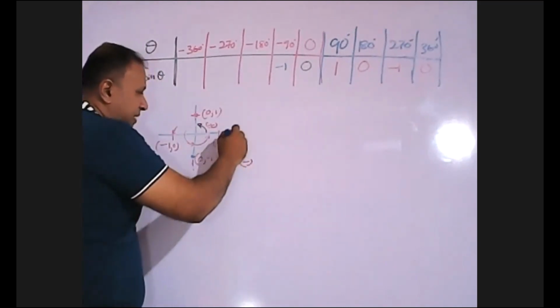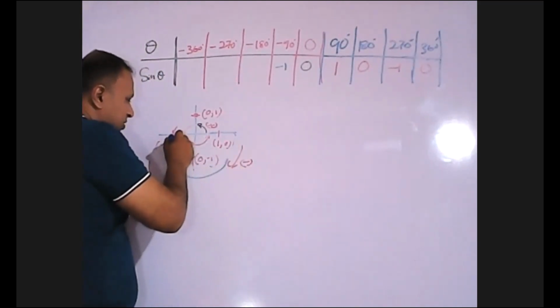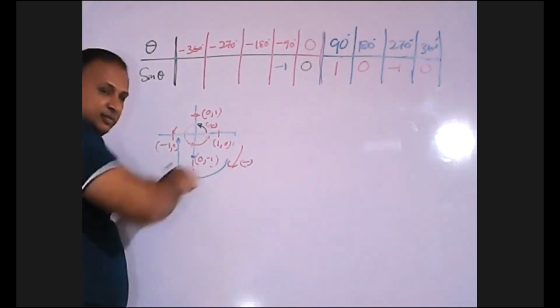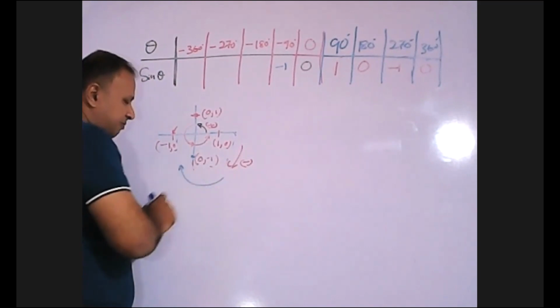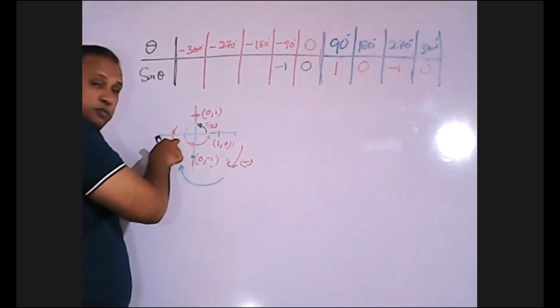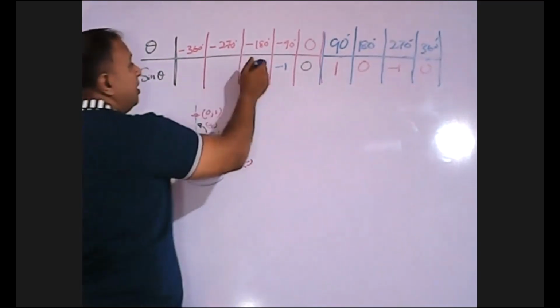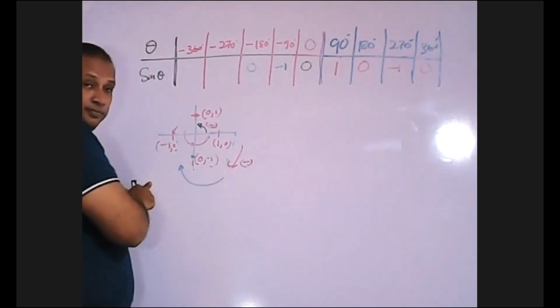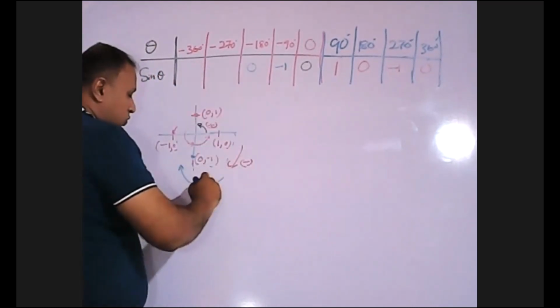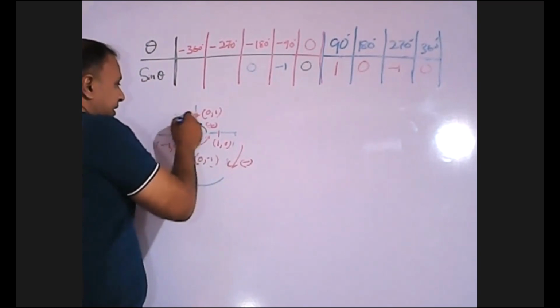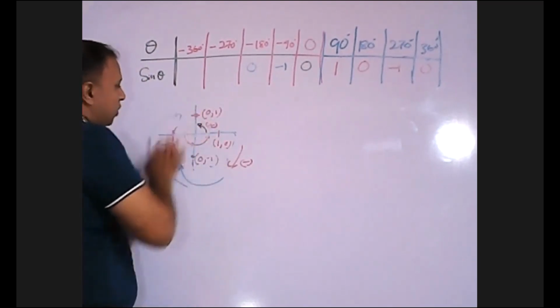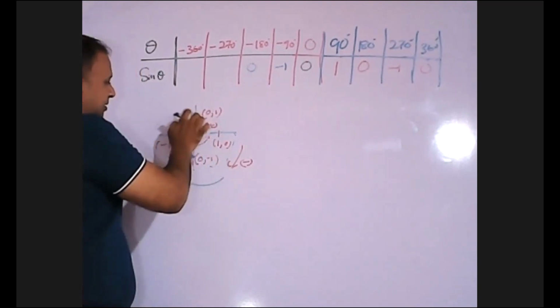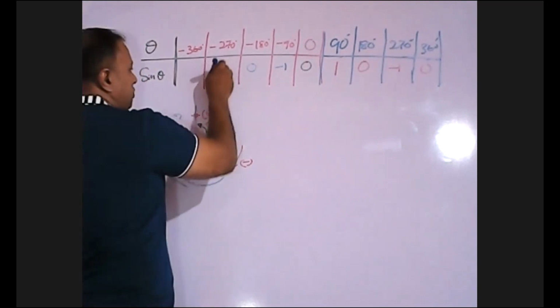Minus 180 belongs to this point. Do the rotation. So it is equal to 0. Minus 270 belongs to this point, so the value is plus 1.